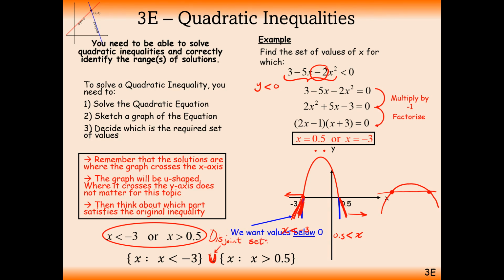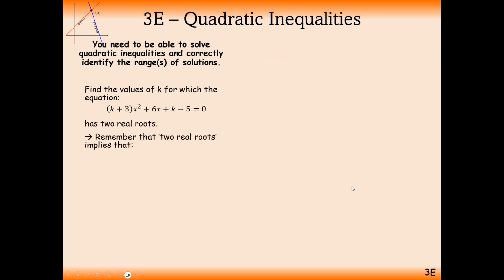between them. The next question is saying find the values of k for which this equation has two real roots. The word real means that there are two distinct values. If you study further maths, you know this equation could actually have a complex root, but we're not talking about that in pure maths here.